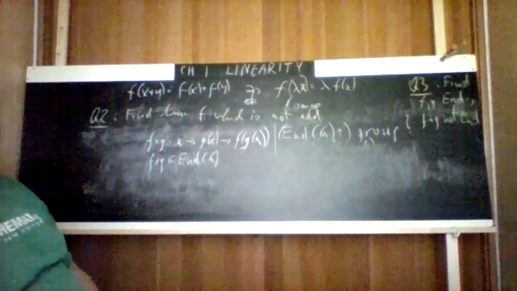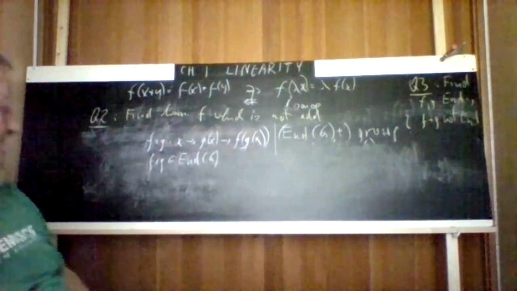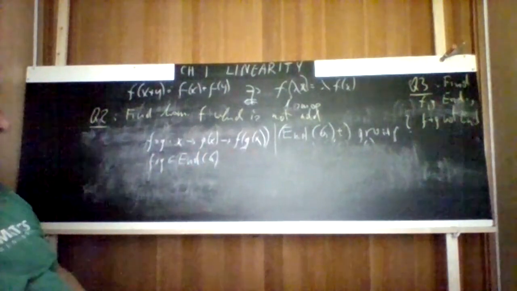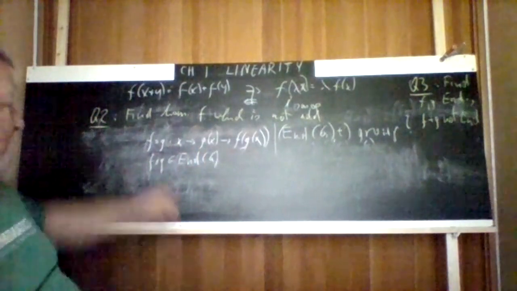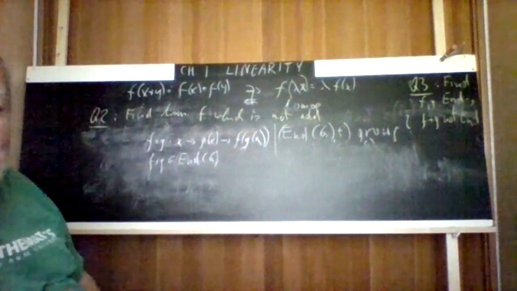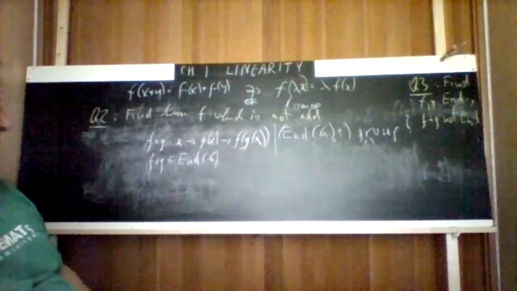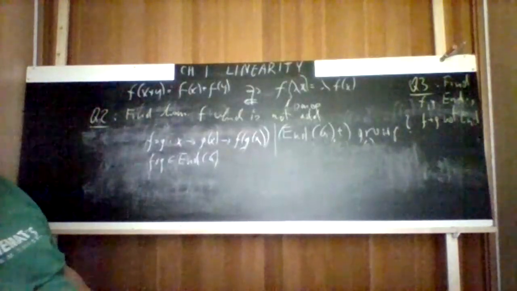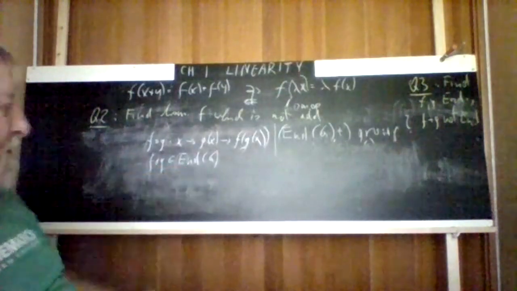And since composition of maps is associative in general, we know that at least endomorphisms of G with respect to composition is something which is called a semigroup. And in fact, it's a monoid because with a neutral element, the identity map is always an endomorphism.